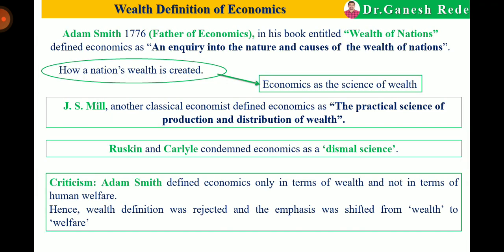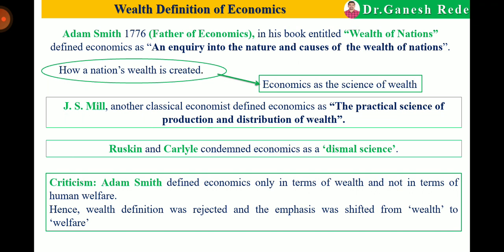The first one is the wealth definition of economics, given by Adam Smith, who is considered the father of economics. A question may be asked: who is the father of economics? Adam Smith is the father of economics, and in 1776 he wrote the book Wealth of Nations. Again a question may be asked: the book of Adam Smith is?